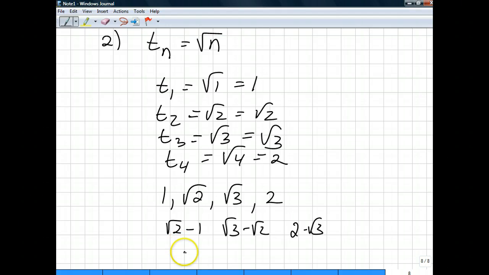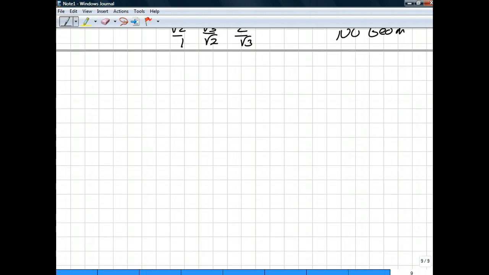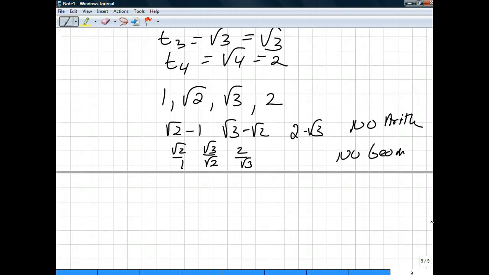Then we try, is square root 2 divided by 1 the same thing as square root 3 divided by square root 2, and then 2 divided by square root 3? So this is no for arithmetic. It's no for geometric. Since we don't have a common difference and we don't have a common ratio, we say this one is neither.